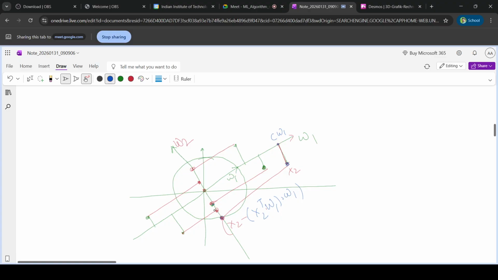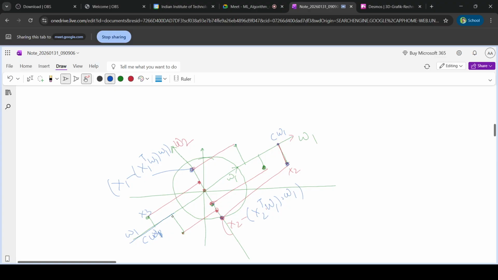Okay, this point, similarly, this is maybe x1 here, x1 minus x1 transpose W1 into W1, this point. Okay, so similarly other points are also the same way, x1, x2 and this is x3. Okay, this is x3 the same way, and c into w1 because they are on this w1 line.